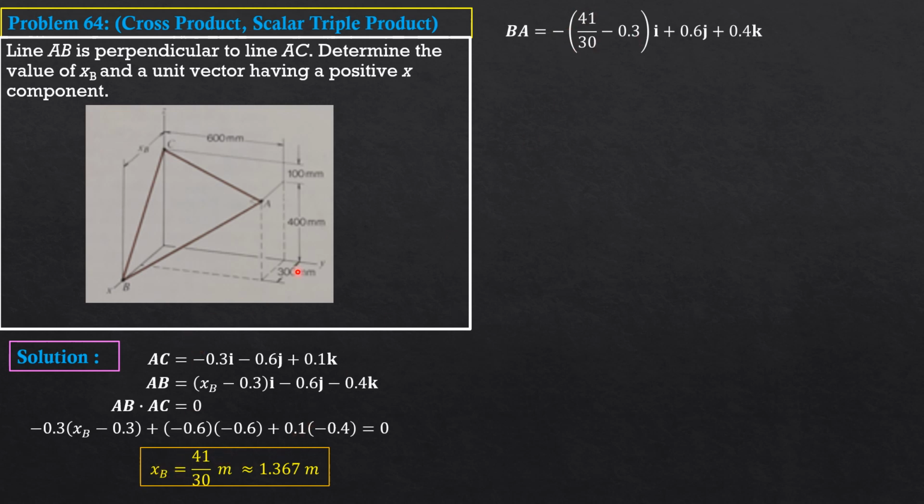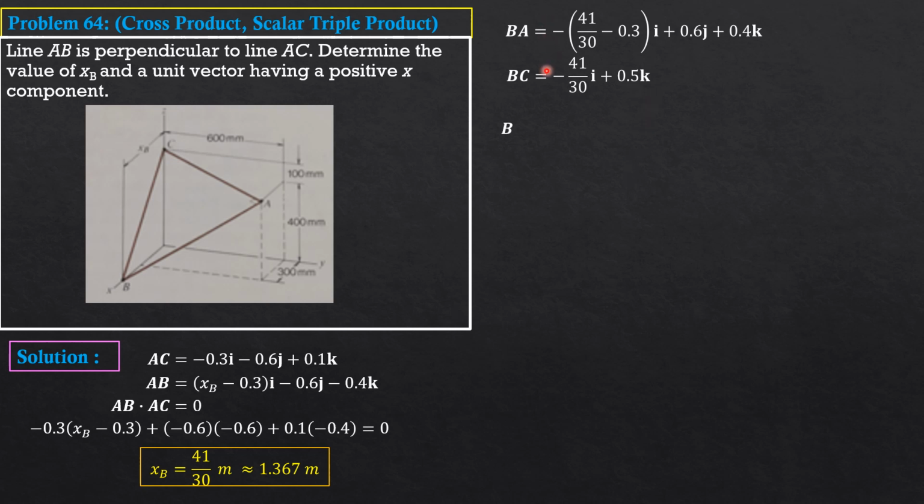XB is 41 over 30. Going to the right, positive 0.6 J. Then upward 0.4, positive 0.4 K. Then you can simplify that if you want. BC, on the other hand, is going backward, negative 41 over 30 I, upward 500 mm or 0.5 meter K.